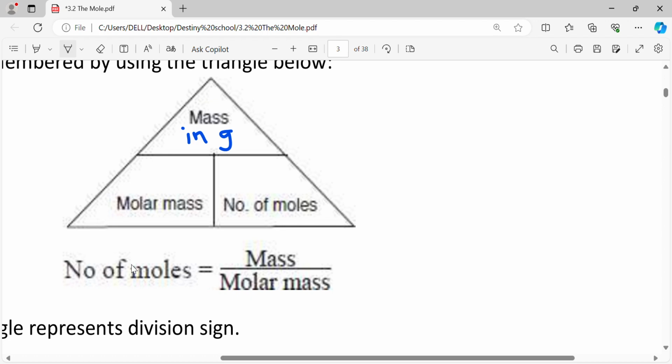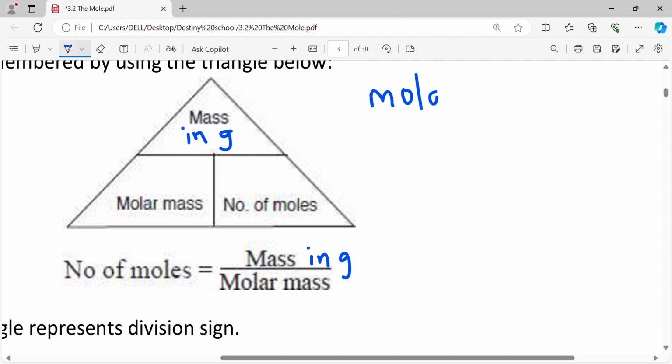If we want the number of moles, you block the number of moles, and what will be left is mass in grams over molar mass. That's why the formula is mass in grams over molar mass.